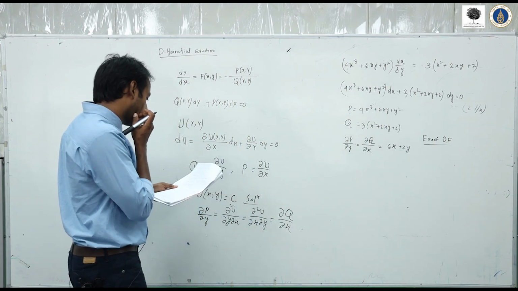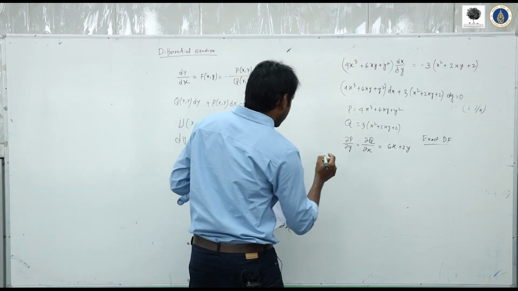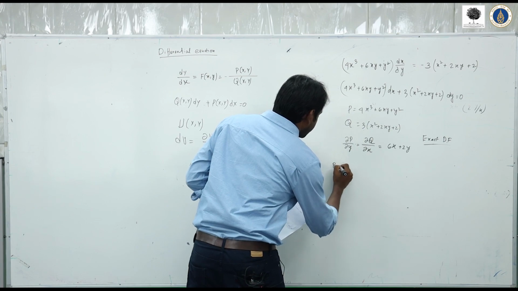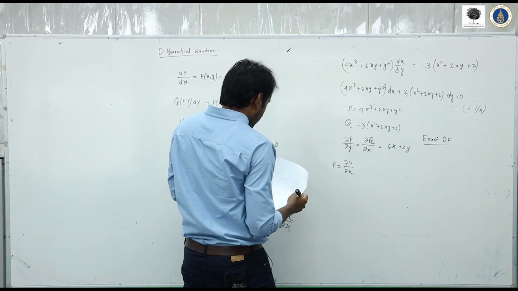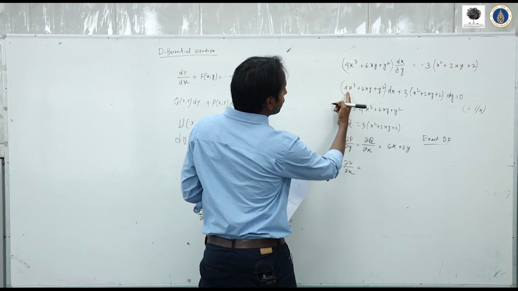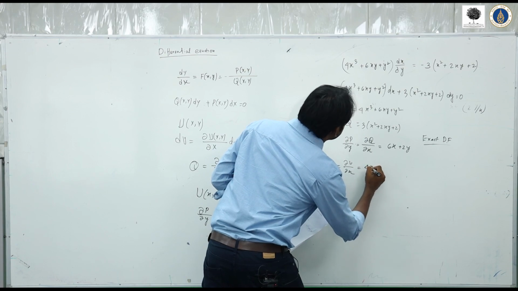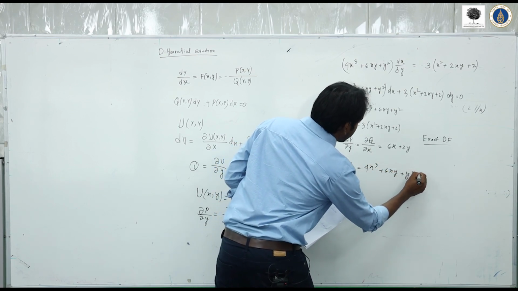How do you find it? You know p is del u by del x, and p is given to you: 4x cube plus 6xy plus y square.